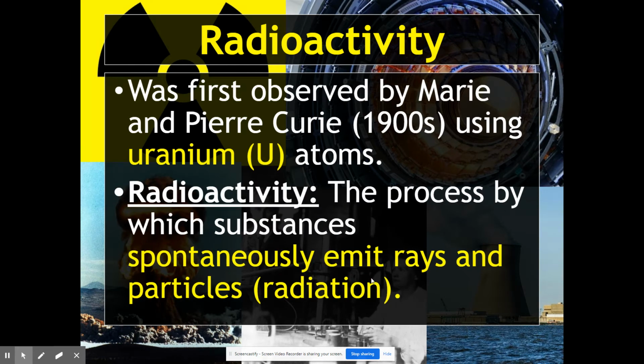Radioactivity was first observed by Marie and Pierre Curie, a husband and wife couple, and they observed it using uranium atoms. Radioactivity is the process by which substances spontaneously emit rays and particles.